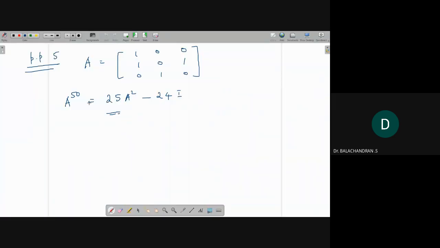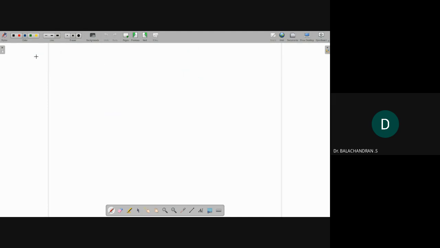Now I'll go to the next section, properties of eigenvectors. So first property, eigenvector corresponding to an eigenvalue is not unique.